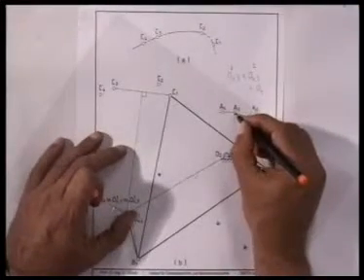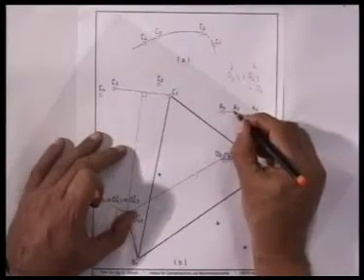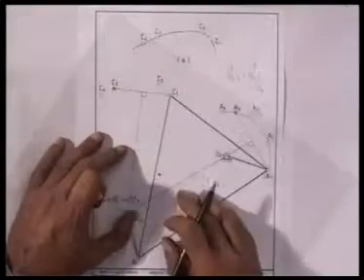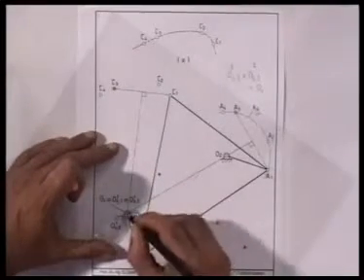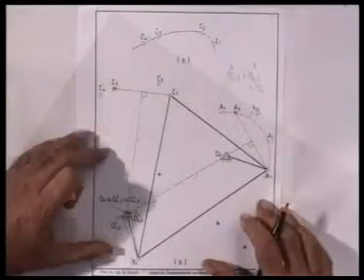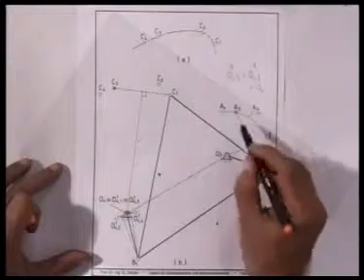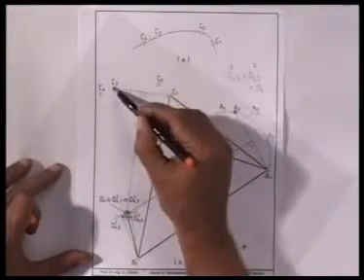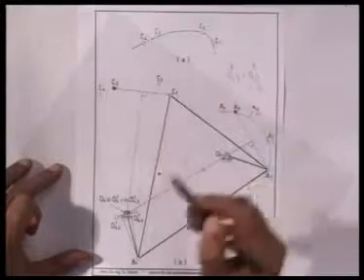So I mark A3, C3 and O4. This is A3, this is C3 and this is O4.